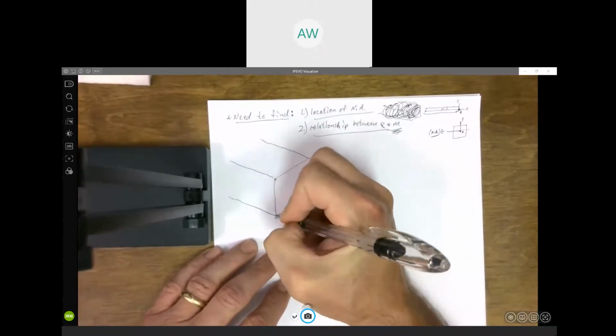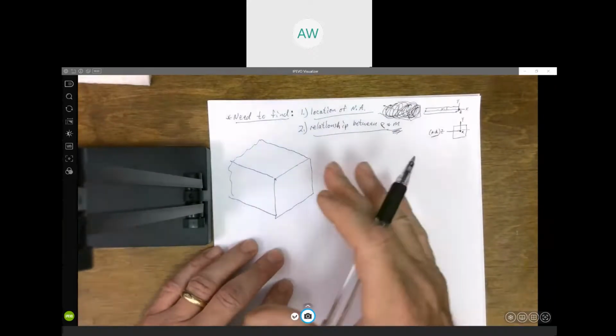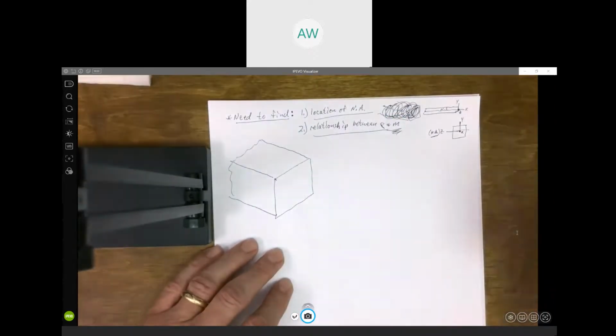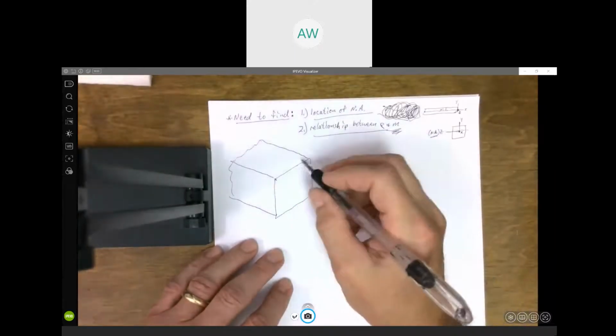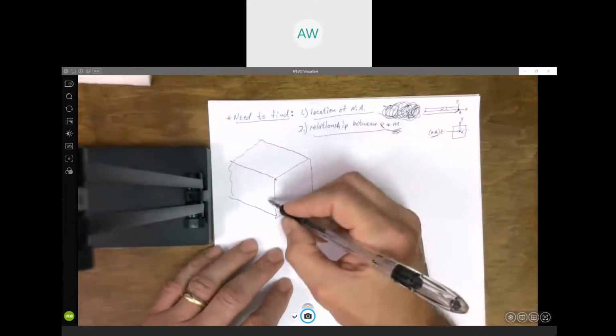I've said this a few times, but I'll repeat it. The fact that what I'm drawing is rectangular is just an arbitrary choice because it's easy to draw. What the cross section looks like doesn't change anything here.